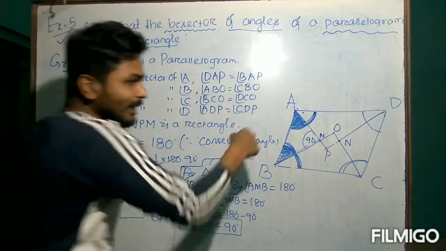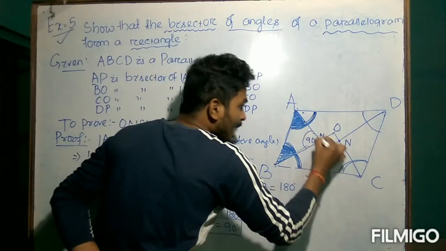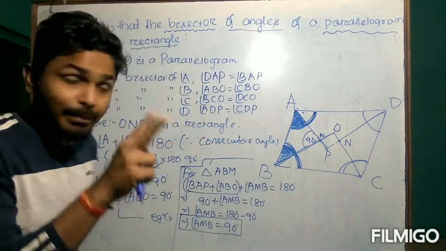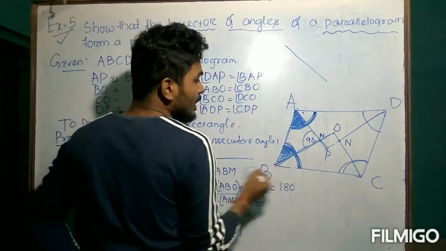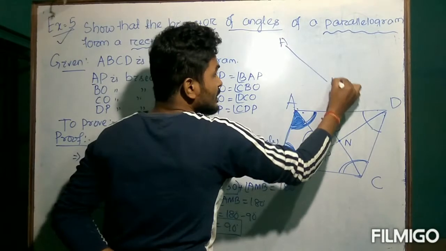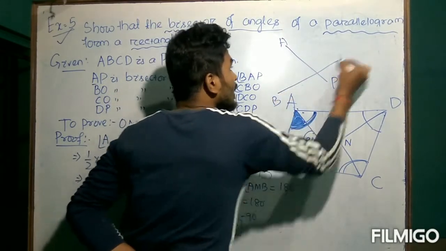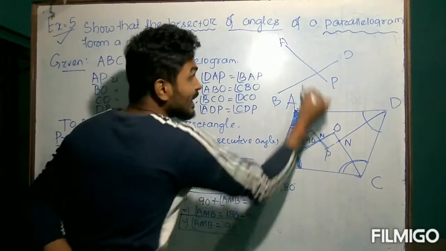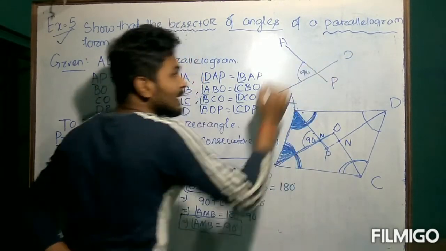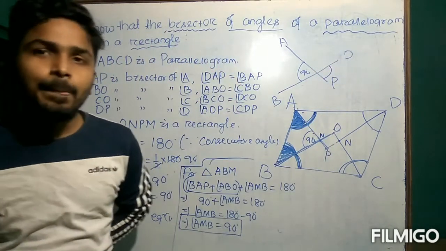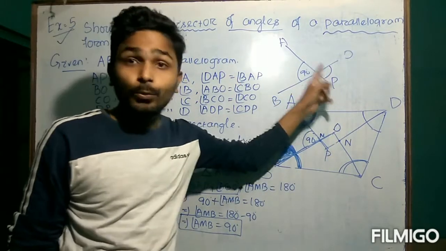Now just look at this. AP and BO are two line segments like this. AP, this is A, this is P, then BO like this. Now this angle is 90 degree. Then could you say what will be the value of this angle? It must be 90 degree. Why?